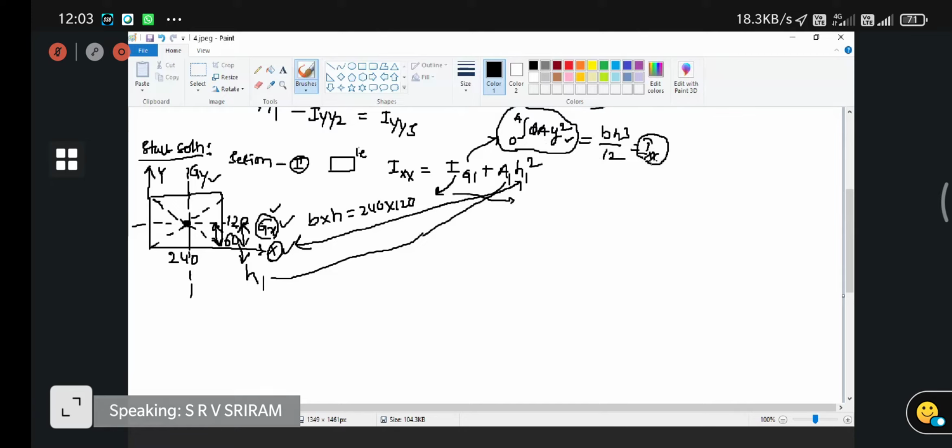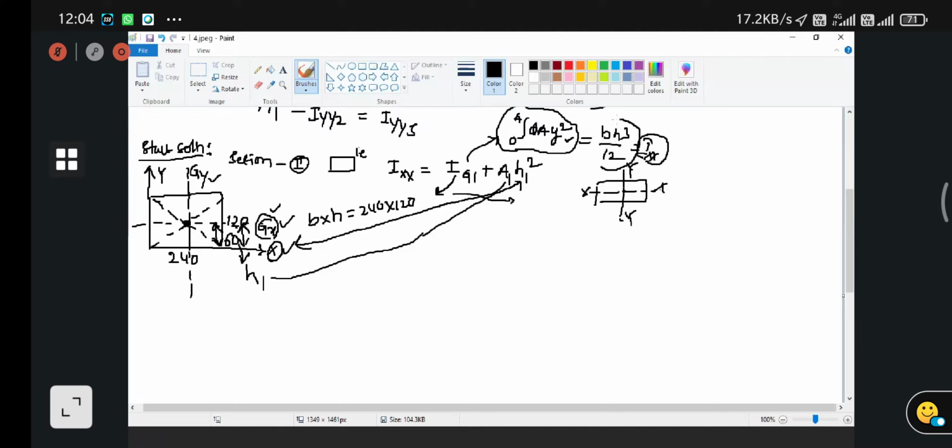When we derive the expression for the centroidal moment of inertia, xx is my central axis there. So I have taken this as the x-axis and this as the y-axis. These are the moments of inertia about the central axis. That's why we got bh³ by 12 as the central moment of inertia.